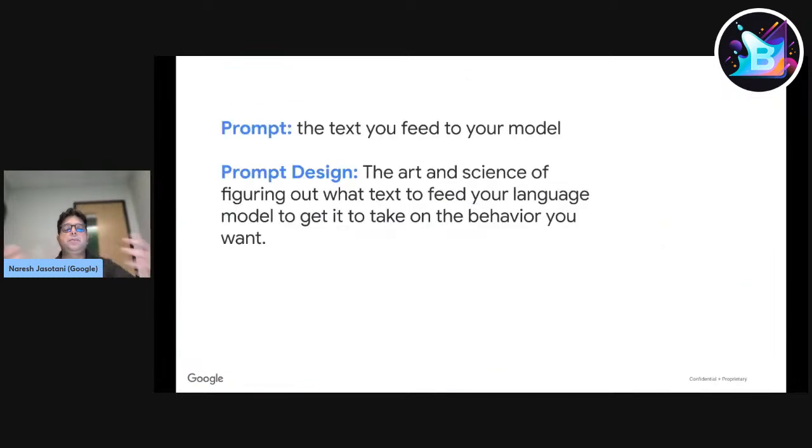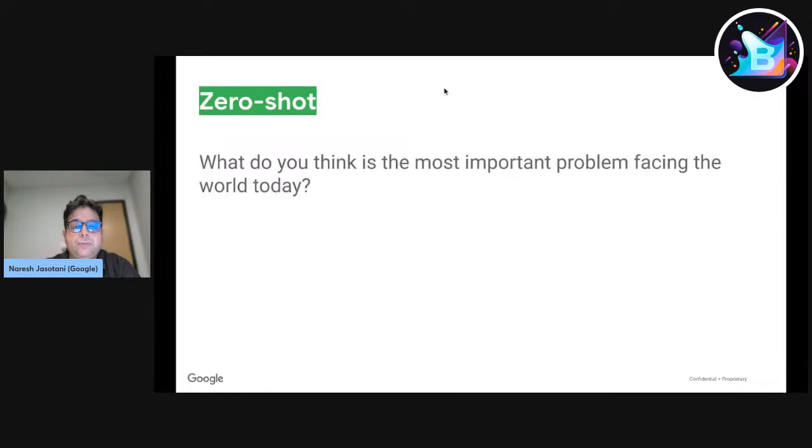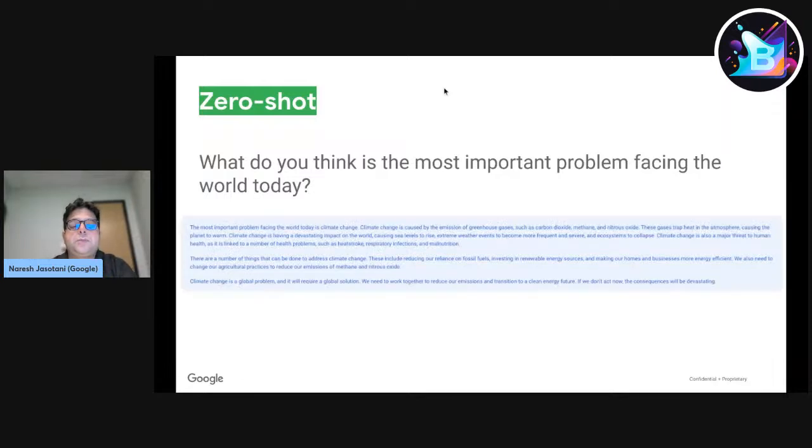So let's look at the best practices of prompt design. And I would say one thing, that prompt design is more of an art than a science. So zero shot, as I mentioned, I'm going to give you an example. What do you think is the most important problem facing the world today? So you have an open question to this model, and it responds back.